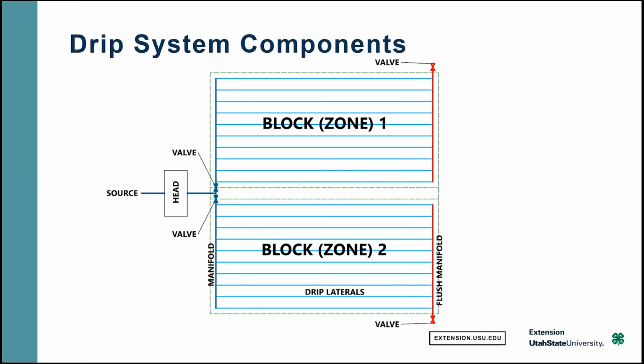And we're starting to see drip systems go in at that scale, not just in our vegetable crops, but we're starting to see it in some of our forage crops, with subsurface drip irrigation starting to be more favorable for some of our hay fields and pastures.